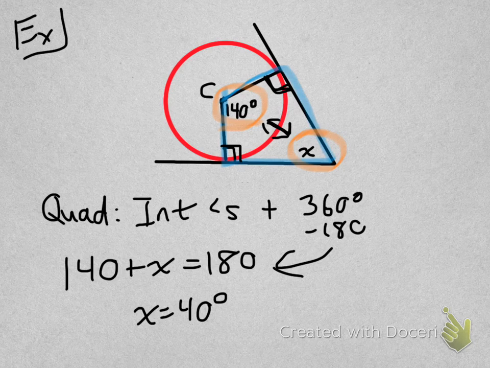Again, supplementary means they add up to 180. Okay, so that's kind of how that works. You can use the fact that they're perpendicular at these points here, at the point of tangency, they meet at 90 degrees, to find the angle measures inside that quadrilateral. Okay, so that's just kind of the little mechanics of it.